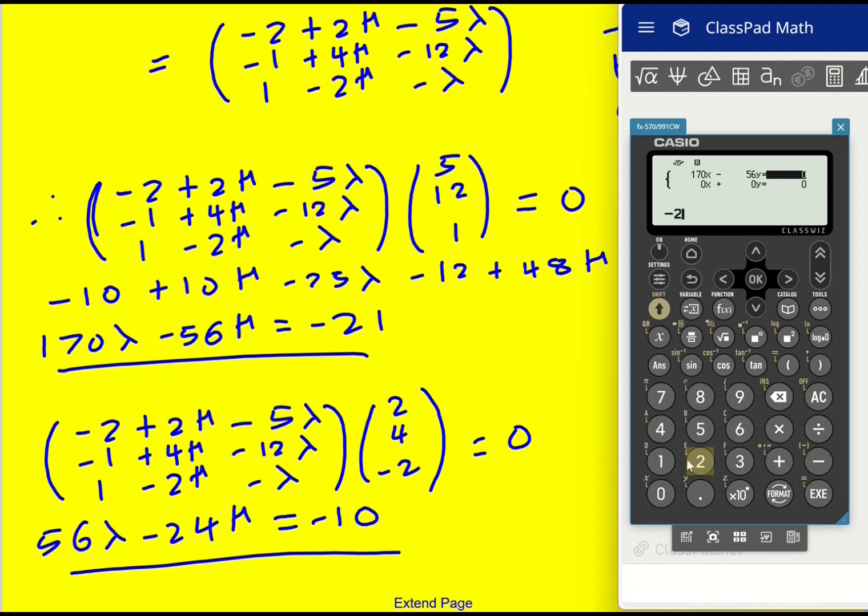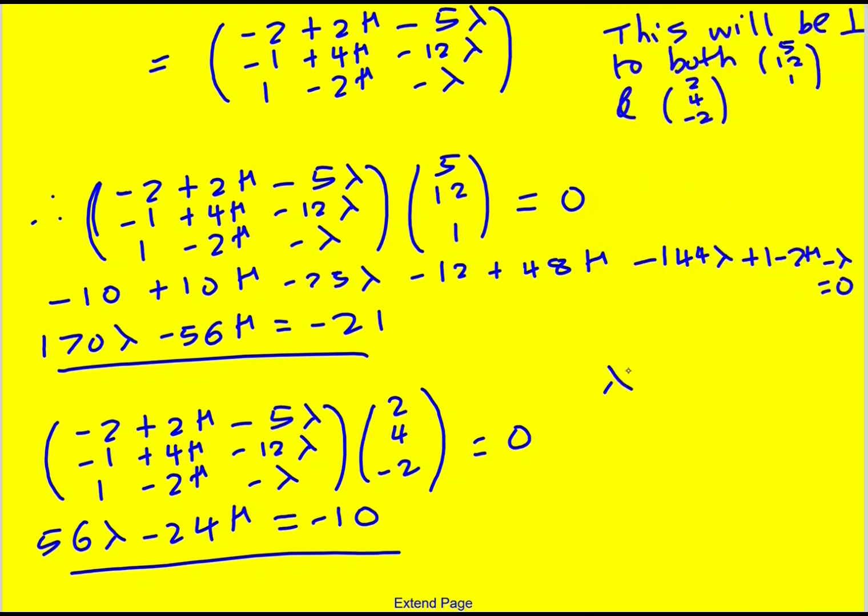Carefully, I would add. So we get 7 over 118, that is my lambda, and 131 over 236, that is my mu.